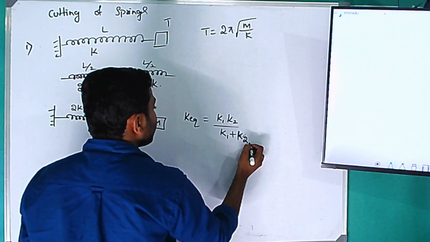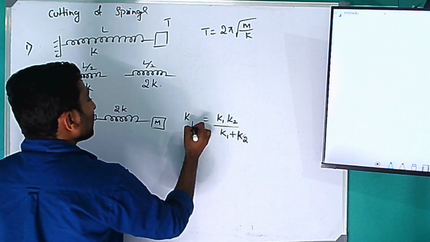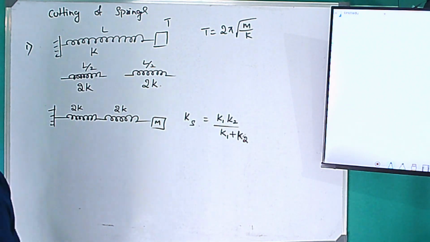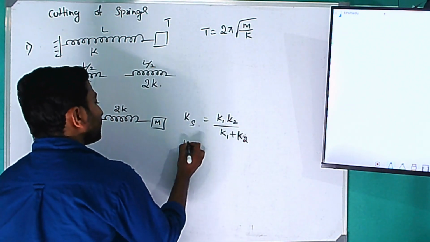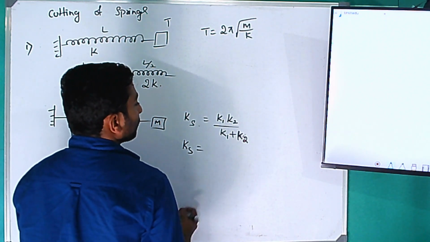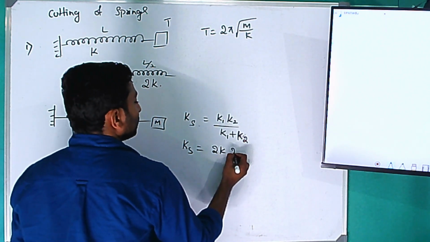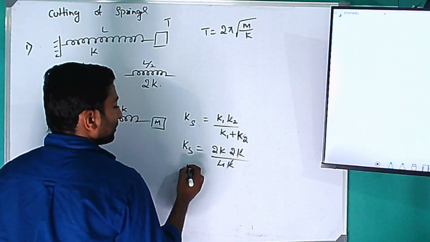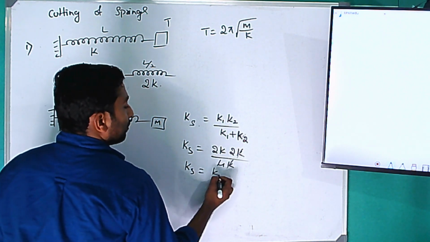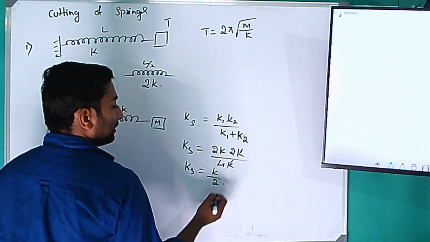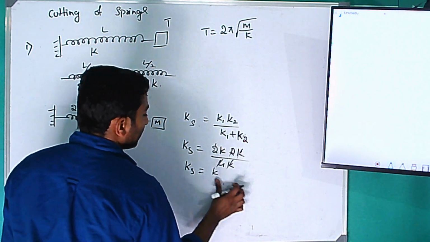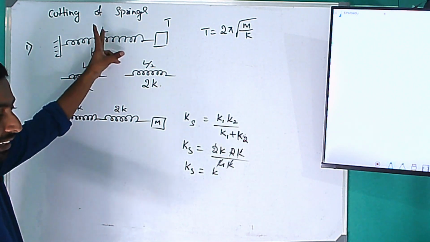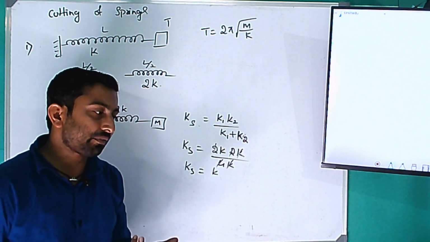I hope you remember this equation. So K series is equal to k1 k2 divided by k1 plus k2. What do we get? k1 is 2k, k2 is 2k, divided by 2k plus 2k, that is 4k. So the ks cancel. Ks is equal to k by 2? The 2 cancels. So k equivalent is equal to k. Sorry, let me tell you why. By cutting the spring and joining it again, it doesn't give any effect.